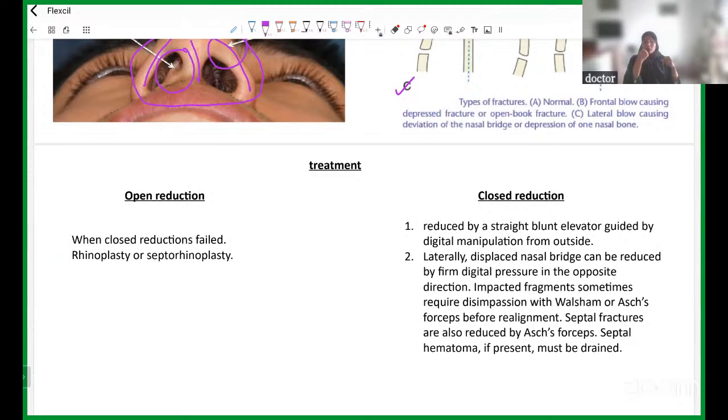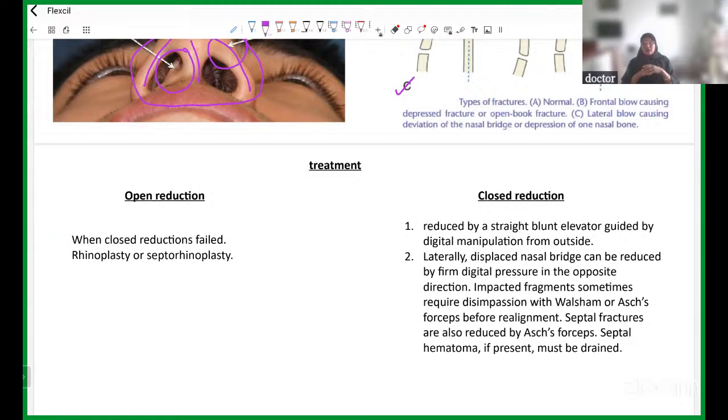Even the frontal blow causes depressed fractures, and the lateral blow can also cause depressed fractures. Laterally, the displaced nasal bridge can be reduced by firm digital pressure in the opposite direction. So someone punched you from the right side, your nose is deviated to the left, and you put firm digital pressure in the opposite direction to fix it.